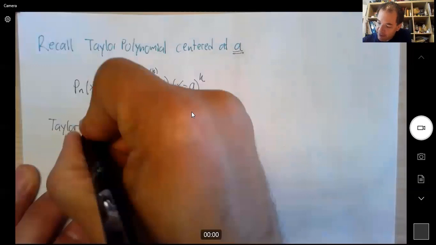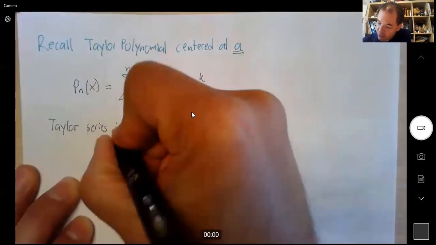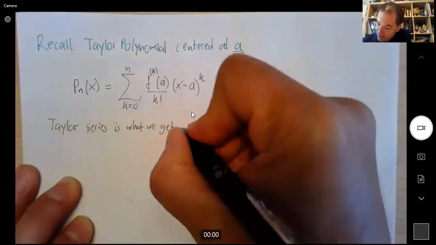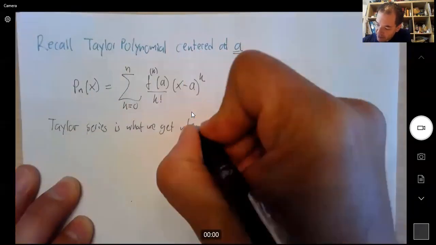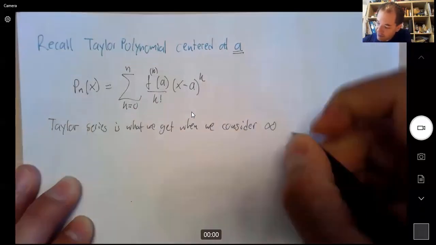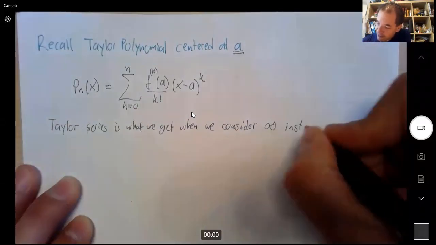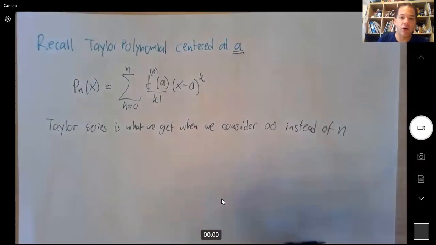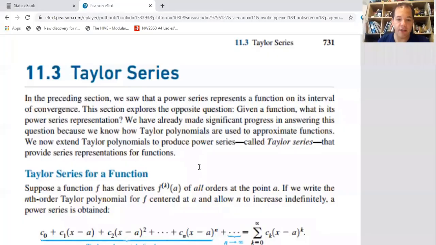Taylor series is what we get when we consider infinity instead of n. All right, and I'll show a page from the book that explains this a little bit more clearly. So it's right here.